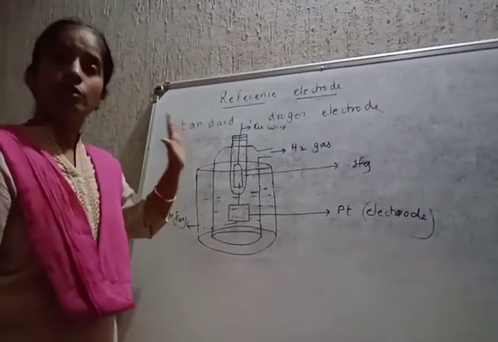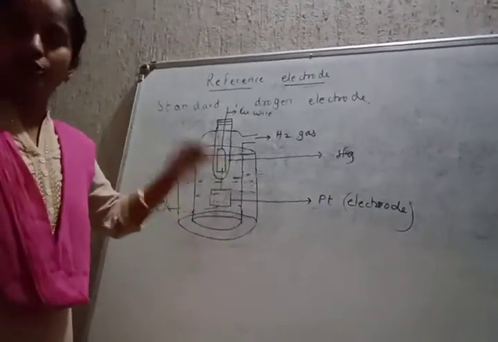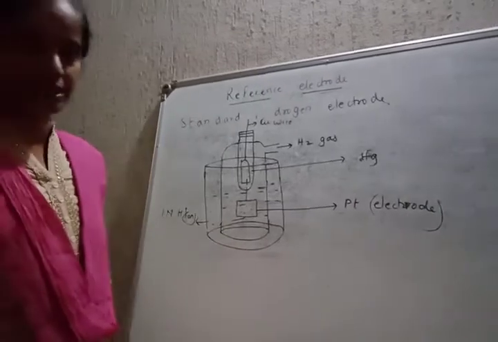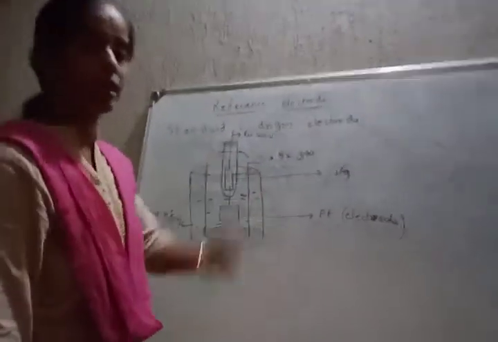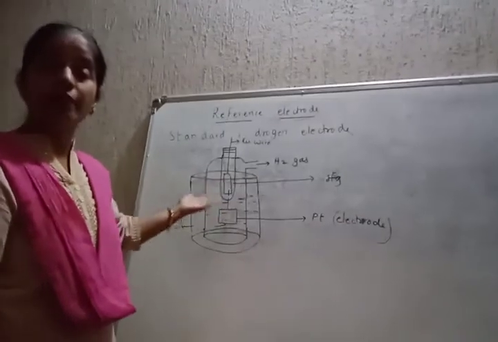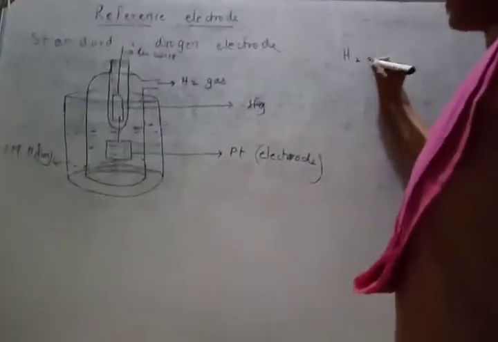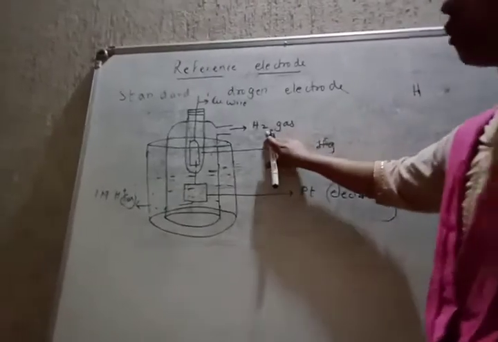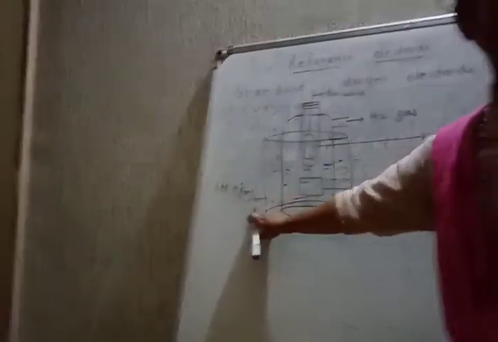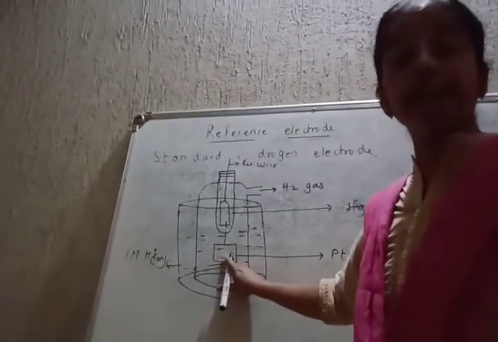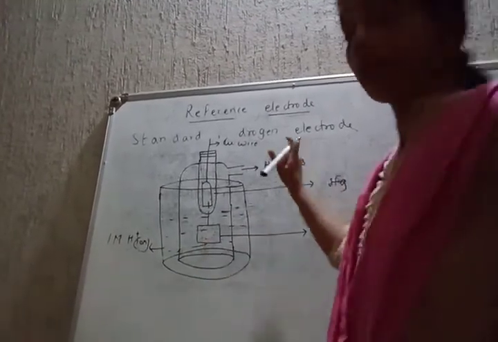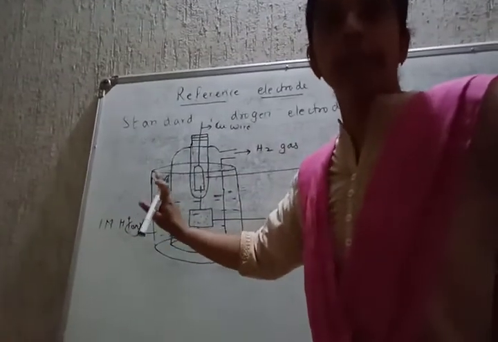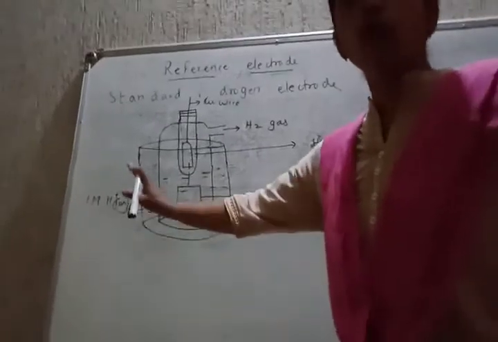It does not undergo redox reactions. It does not participate in the redox reactions itself. The platinum plate behaves as an inert electrode, not participating in the redox reaction. Then what is its use, why use this platinum plate? The platinum plate helps in the conversion of gaseous hydrogen into hydrogen ions. So the platinum plate behaves as an inert electrode, it does not participate in the redox reaction, but it helps in the conversion of gaseous hydrogen into ionic form.